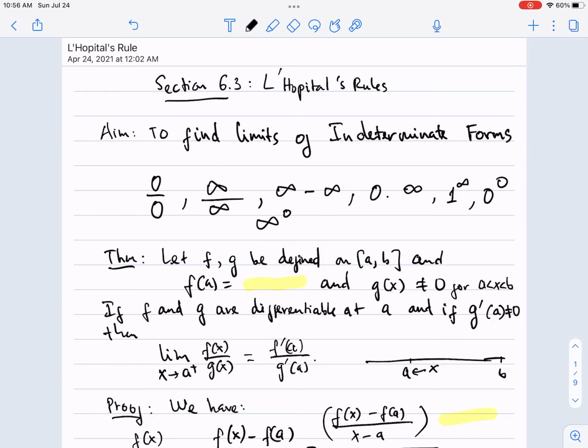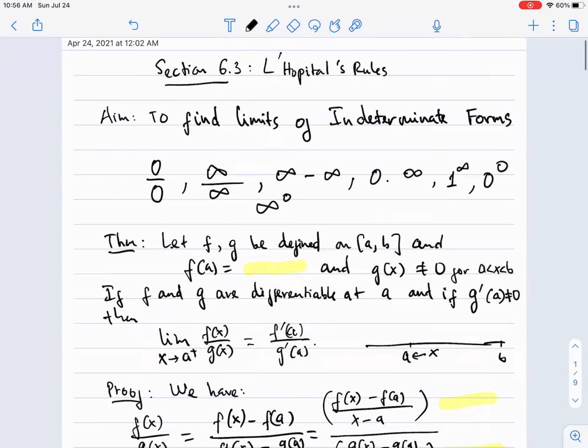So the indeterminate forms might be the case 0 divided by 0, or infinity divided by infinity, or infinity minus infinity, or 0 times infinity, or 1 to the infinity, 0 to the 0, or infinity to the 0. These are the most common indeterminate forms that you're going to see in this class.